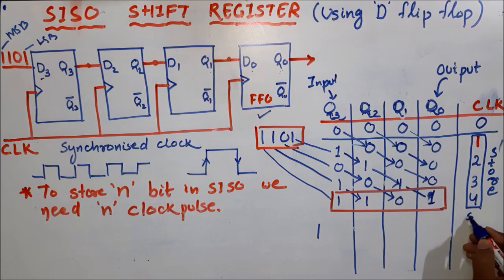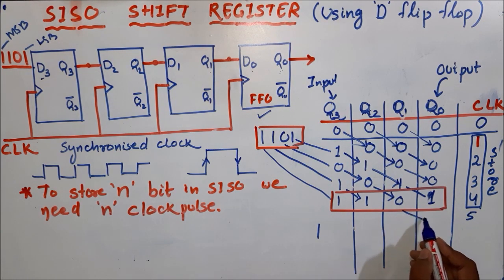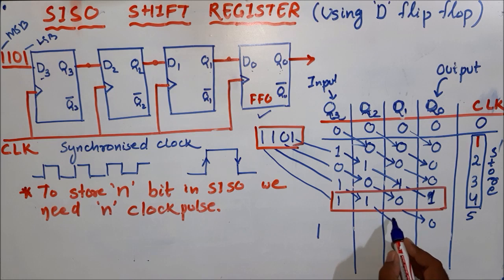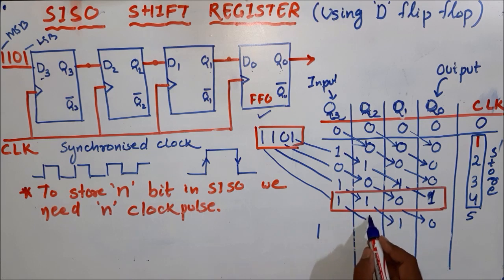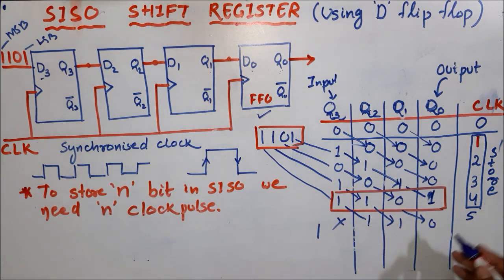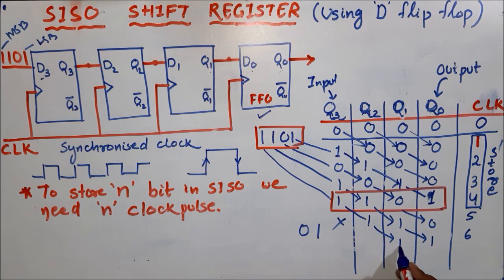On the fifth clock pulse, this is coming here 0, this is coming here 1, this is coming here 1. Don't bother about this. So Q naught becomes 0, the second bit I recovered. Then for the 6th clock pulse, this is going here 1, this is going here 1, and don't bother about this and this. So I got 1 here, so 1 0 1 I recovered.